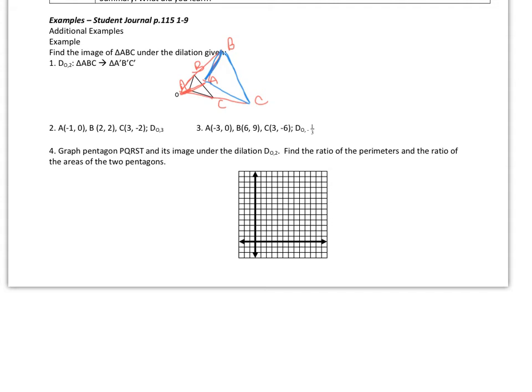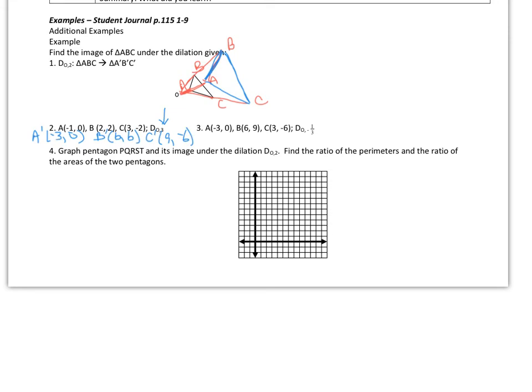We would have right here A prime, and that would be the point by a scale factor of 3. So we're going to multiply it, so (-3, 0). B prime would be at (6, 6), and C prime would end up being at (9, -6).